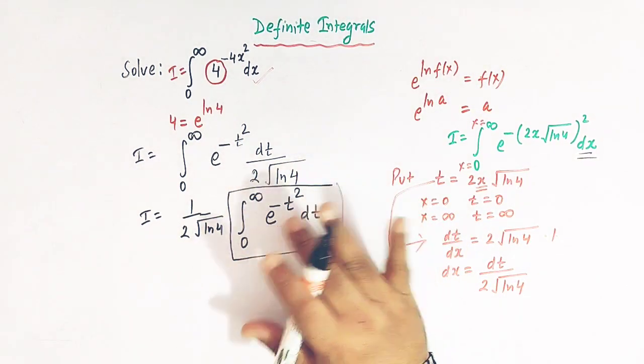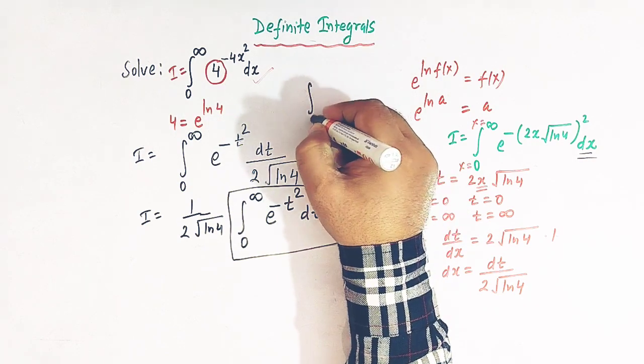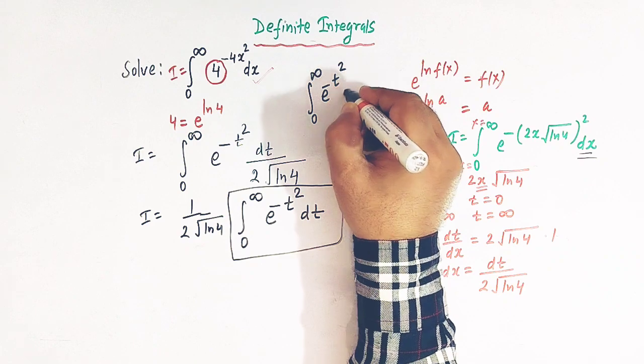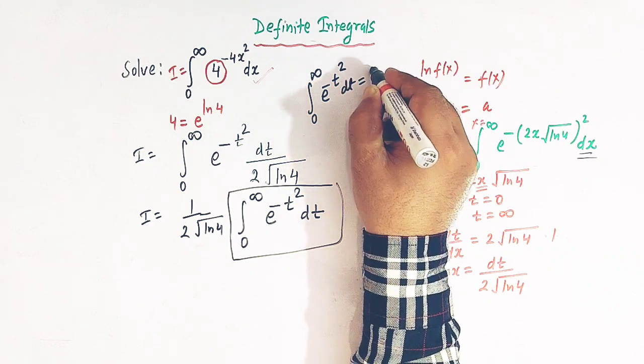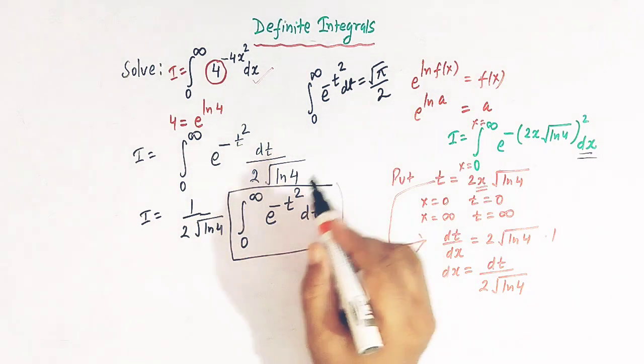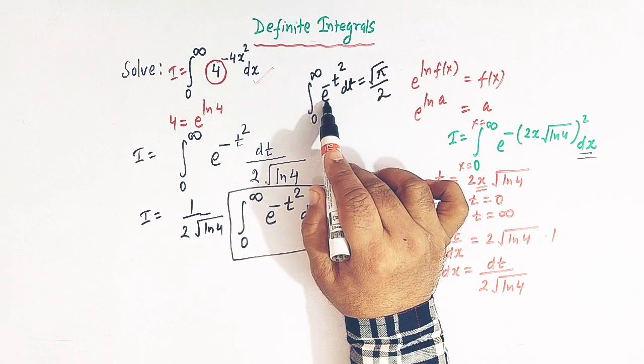From the theory of beta gamma functions, we know that the integral from 0 to infinity of e raised to minus t square dt is equal to square root of pi divided by 2. Here I will make the direct application of this result.